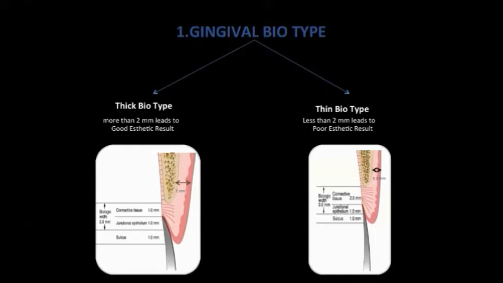And if the thin biotype is less than 2 millimeters, this will lead to a poor aesthetic result. So this means that if we have such a thin biotype, we have to first think of thickening the gingival tissue on the buccal side of the ridge, and then we can think about doing our implants. If we start with a thin biotype and we don't do anything about it, it will lead to some aesthetic failure and will give us a bad result of our implant case.